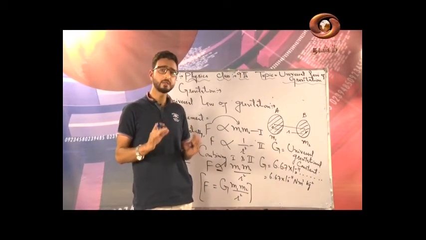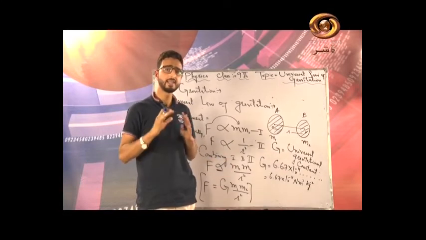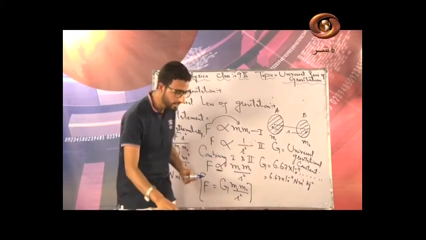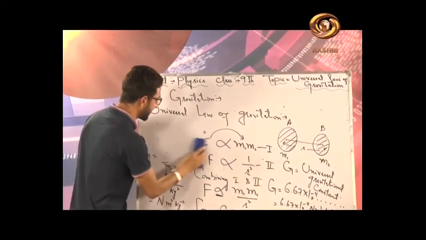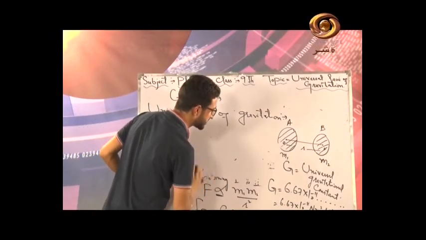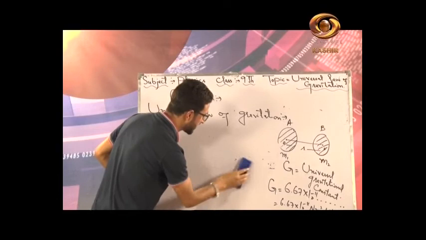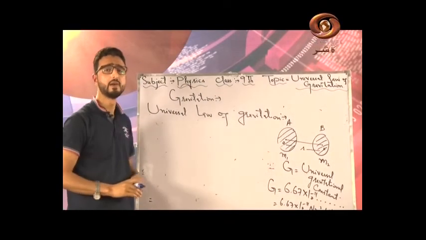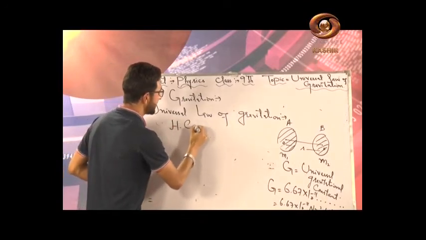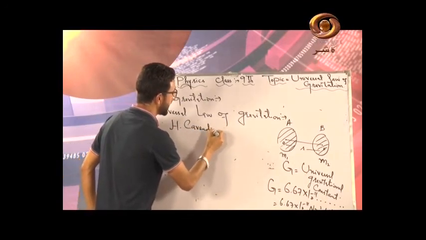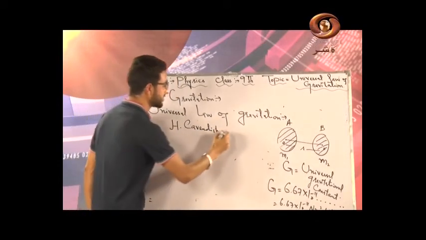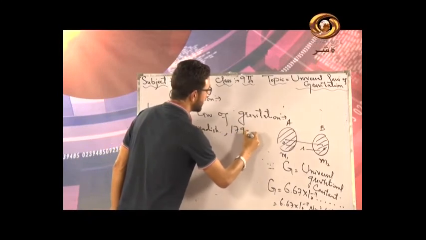It was the English scientist Henry Cavendish who first found its value experimentally. The experiment is called the torsion balance experiment, or you can say it was basically a sensitive balance experiment. With the help of that experiment, English physicist Henry Cavendish gave the experimental value of G, the universal gravitational constant, in 1798.